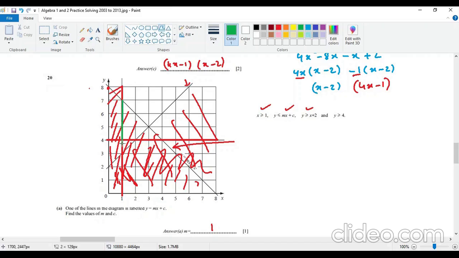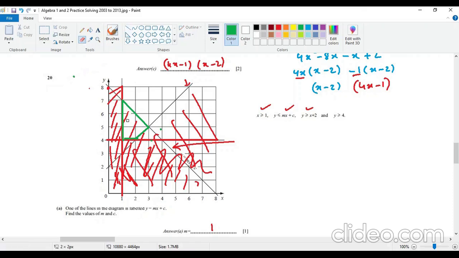So first one, second one, starting from here, first one, second one, so this is the area they're talking about. This area should be clear.